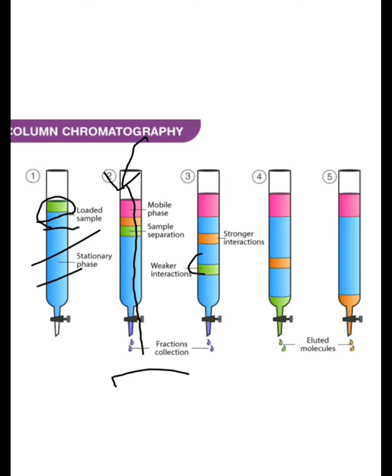These bands are separated by visual method. This is the technique used in column chromatography for the separation of the samples. These are the eluted molecules. The different bands are separated and collected in different flasks.